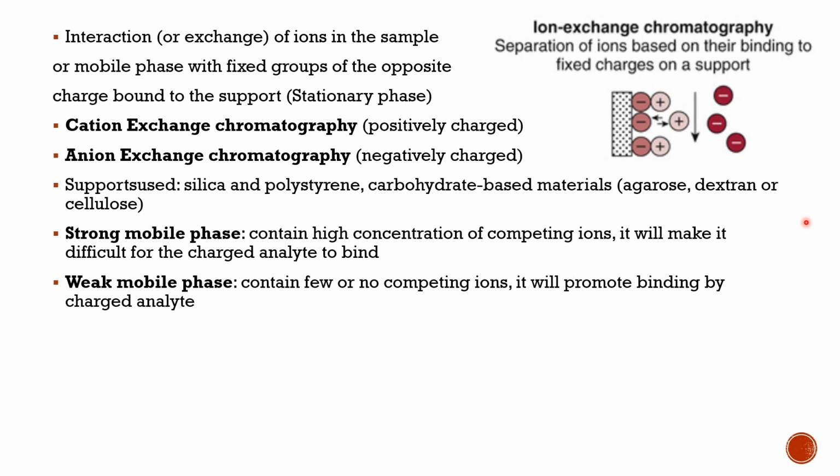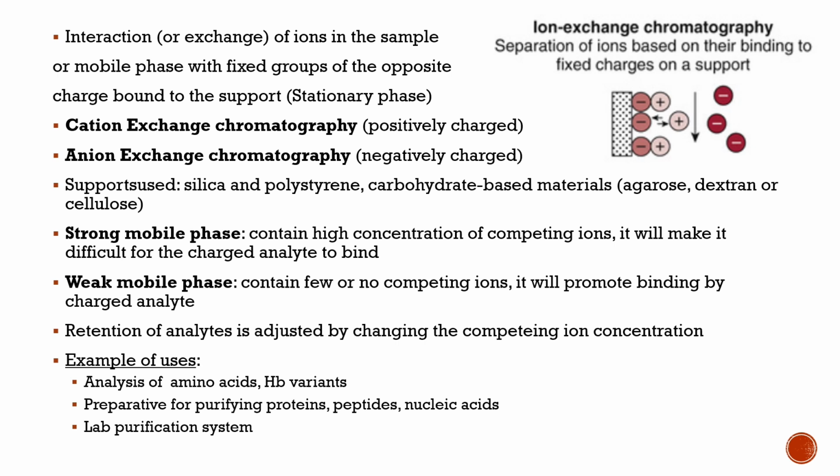Here, the strong mobile phase will contain a high concentration of competing ions, so it will make it difficult for charged analytes to bind. So the strong mobile phase will pass through the chromatography, while the weak mobile phase will contain few or no competing ions, and it will promote binding by charged analytes. Retention of analyte is adjusted by changing the competing ion concentration.